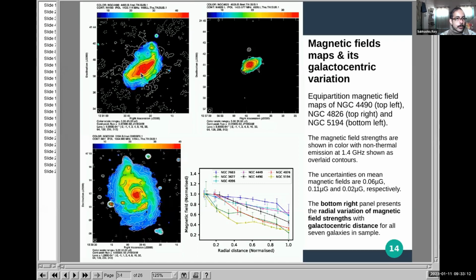It reaches about 40 microgauss, and towards the edges, that is the blue part, it is about 10 microgauss, whereas it is about 30 microgauss plus for galaxy 4826, and it reduces to about 20 microgauss or so. This is the radial variation, with radial distance normalized along the x-axis, and the magnetic field normalized along the y-axis. So what you see is that as we approach the edge of the galaxy, the magnetic field drops by a factor of 2.